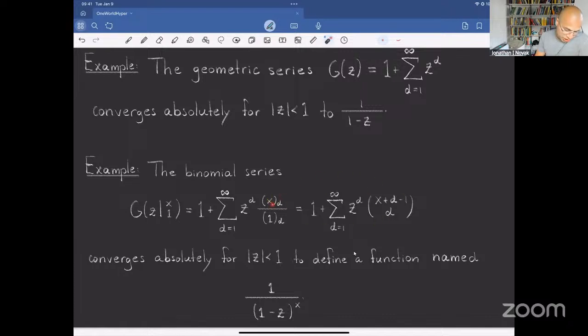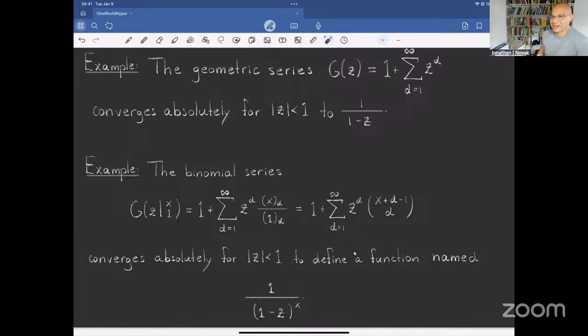So you have Pochhammer x for general symbol x, and it's this binomial series where if x is a negative integer, you are getting the classical binomial theorem from thousands of years ago. And if x is a positive integer, this is Newton's binomial theorem. And if x is anything else, this series is the definition of this symbol.